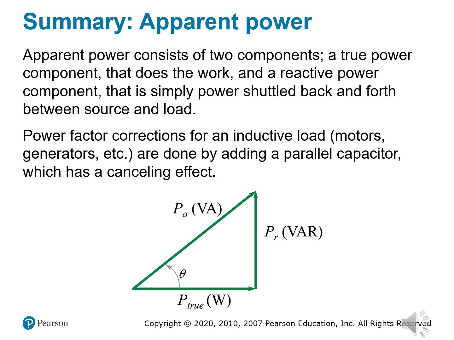This is important because it's what equipment must be rated to handle. Transformers must carry it, wires must support the current that goes with it, and inverters and UPS systems must be sized for it. So even if only P is used, the system still has to carry S. How do we improve this? With power factor correction, usually by adding parallel capacitors.